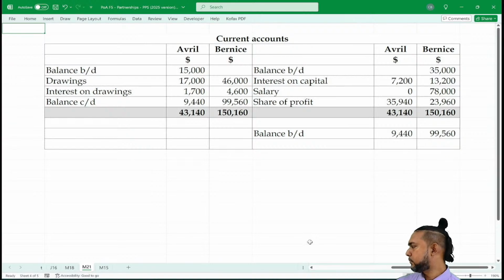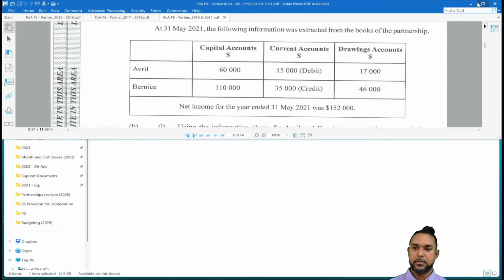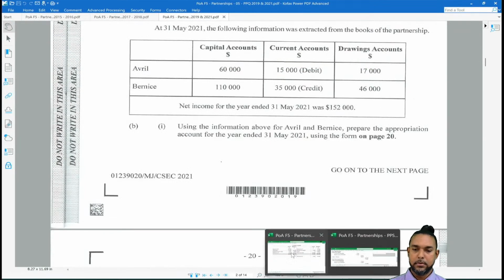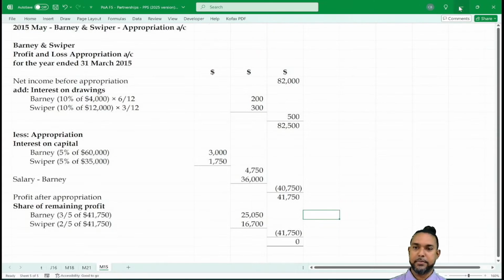Cool. All right. Okay, cool. Let's put this down as well. Barney and Swiper.